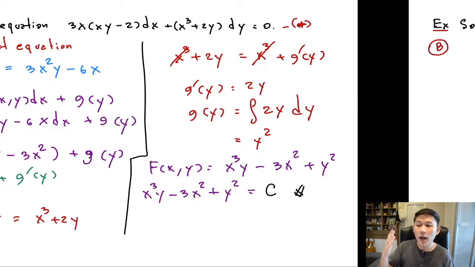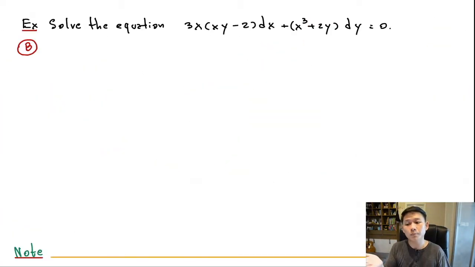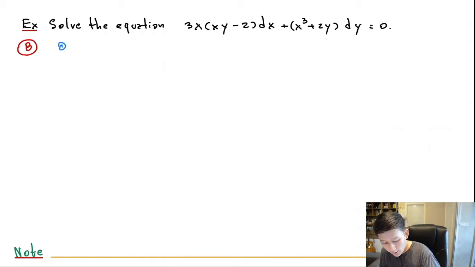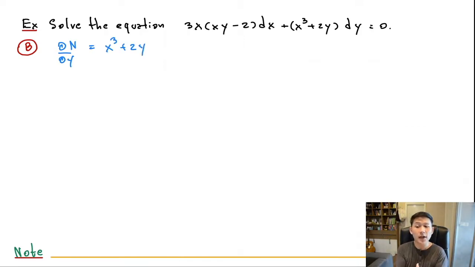I'm going to look at the same example, but this time I'm going to start with dN by dy equals x cubed plus 2y. So if I start with this, first I need to integrate, differentiate, and compare.